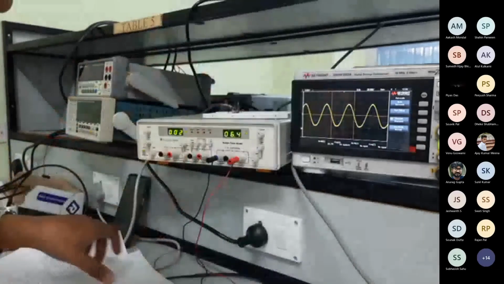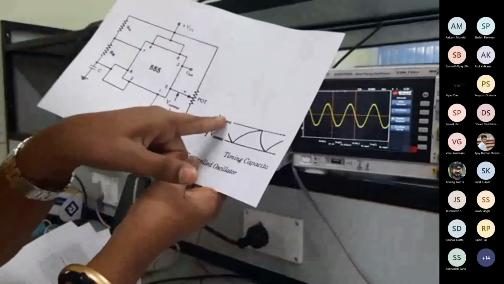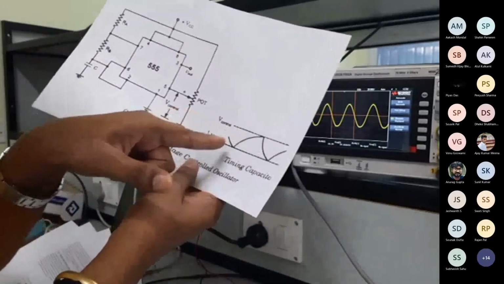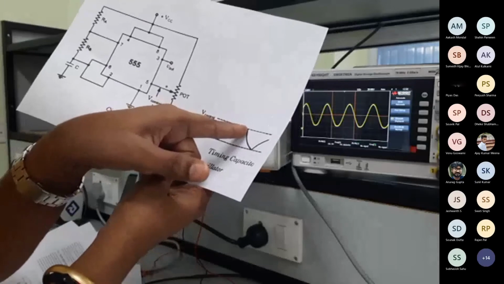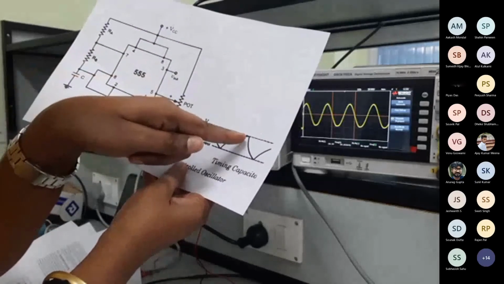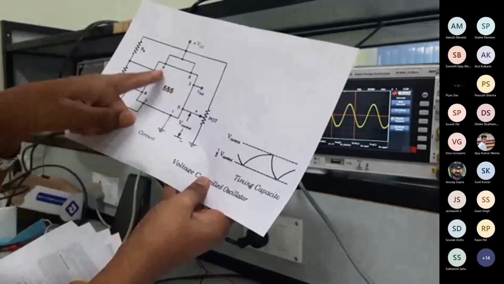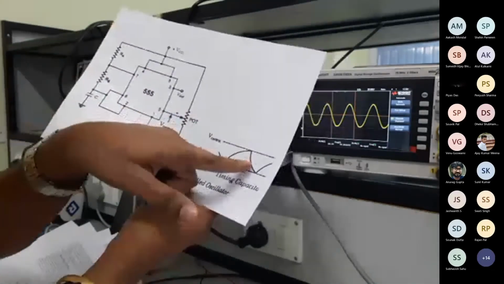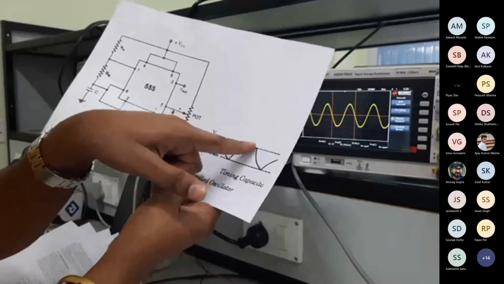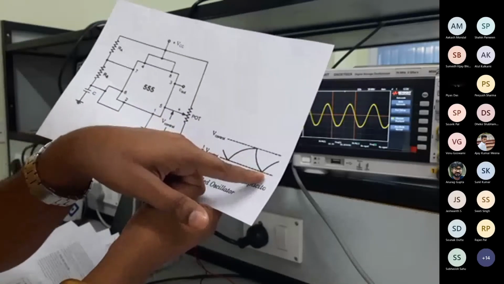So the charging and discharging will be between 1/3 VCC and 2/3 VCC. The capacitor charges from 1/3 VCC to 2/3 VCC, and after reaching 2/3 VCC it starts discharging through the internal circuit of the 555 IC, the voltage drops to 1/3 VCC, and then it starts charging again.